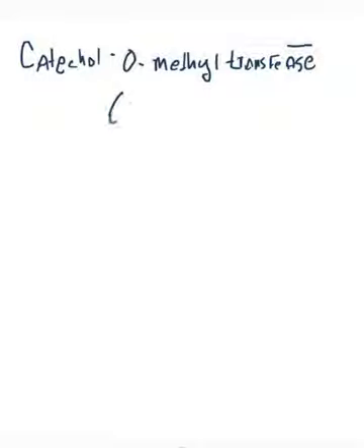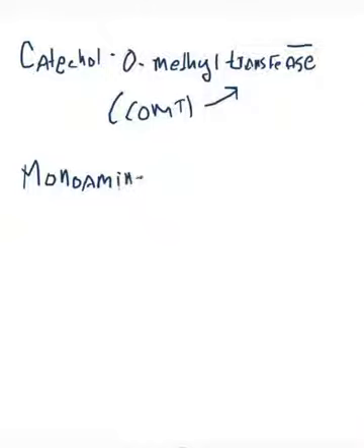We typically call this COMT, and that's generally the accepted abbreviation for catechol-O-methyltransferase. The other common enzyme we talk about is monoamine oxidase, M-O-N-O-A-M-I-N-E, monoamine oxidase.